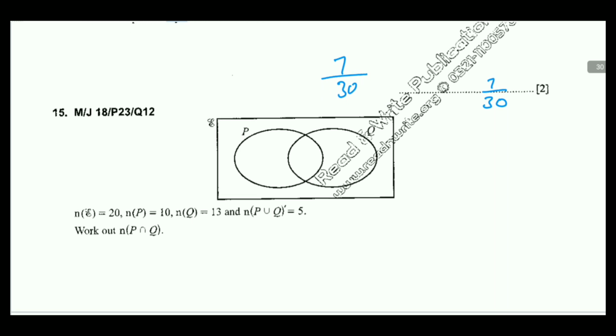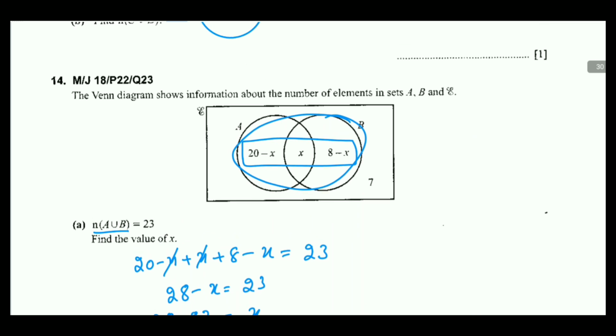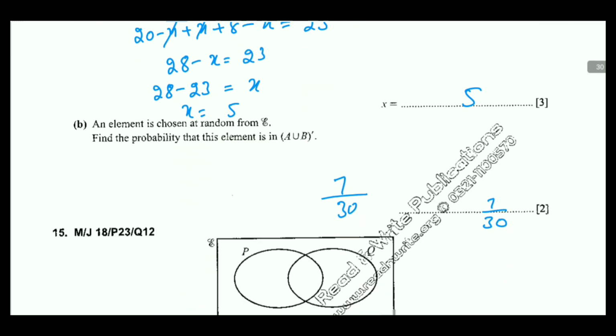Okay, question number 15. Again, some values are given to you. Numbers of each set are given to you as n is mentioned here. Work out number of P intersection Q. As we don't know the value of all the regions, we will calculate with the same method as that question.